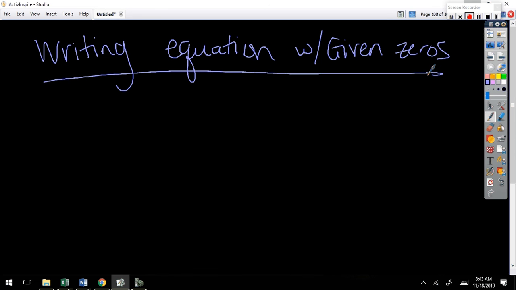So let's say I have this polynomial, and I told you that I know that -3, 4, and 2 minus i are zeros of the function. How might you write an equation of the function?